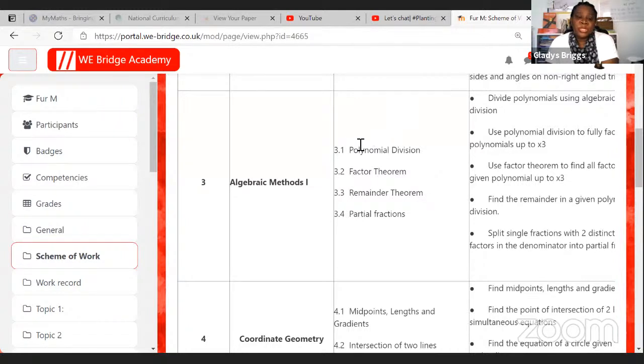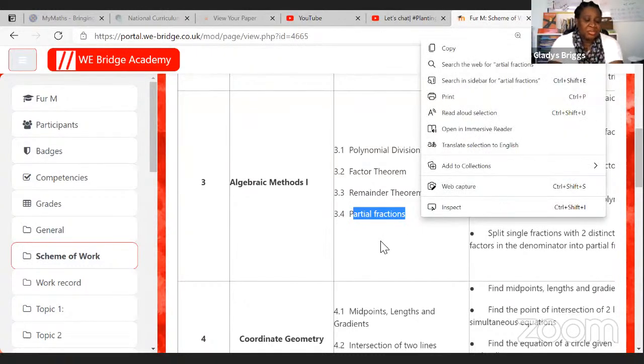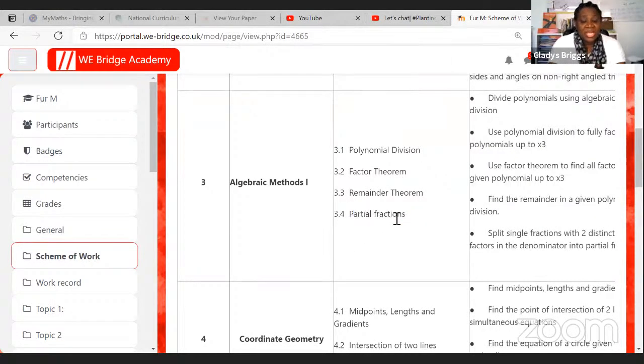You have to know when something is a factor, when something is a root, and when something is not a factor, what the remainder is when you divide. And the last thing we looked at was how to split single fractions into partial fractions. So that's what we're going to do now. We go back to the assessments to check what we were assessed on, and then we can take it from there.